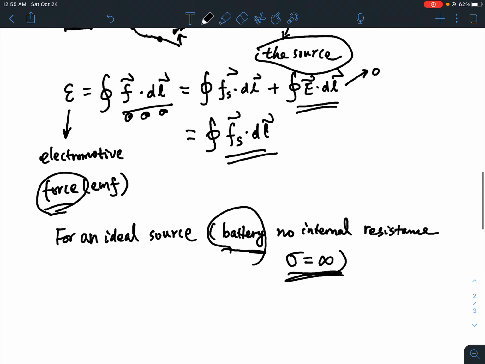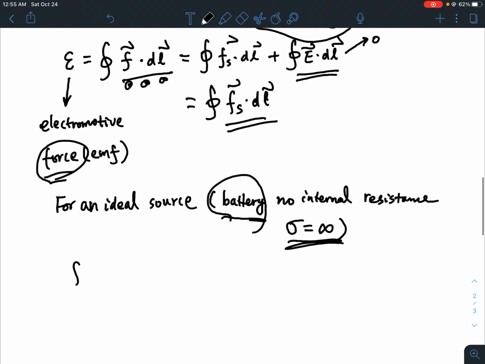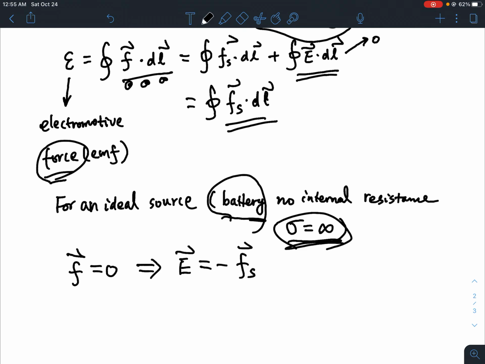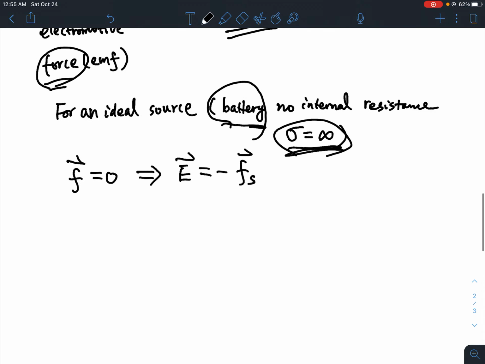Because sigma is equal to infinity, the net force is zero. So that really means E is minus Fs. So E is minus Fs.